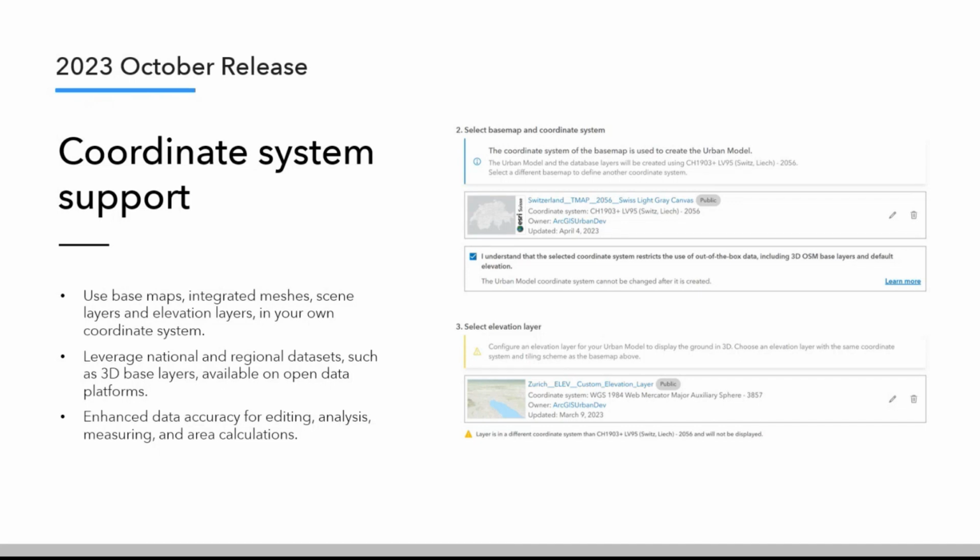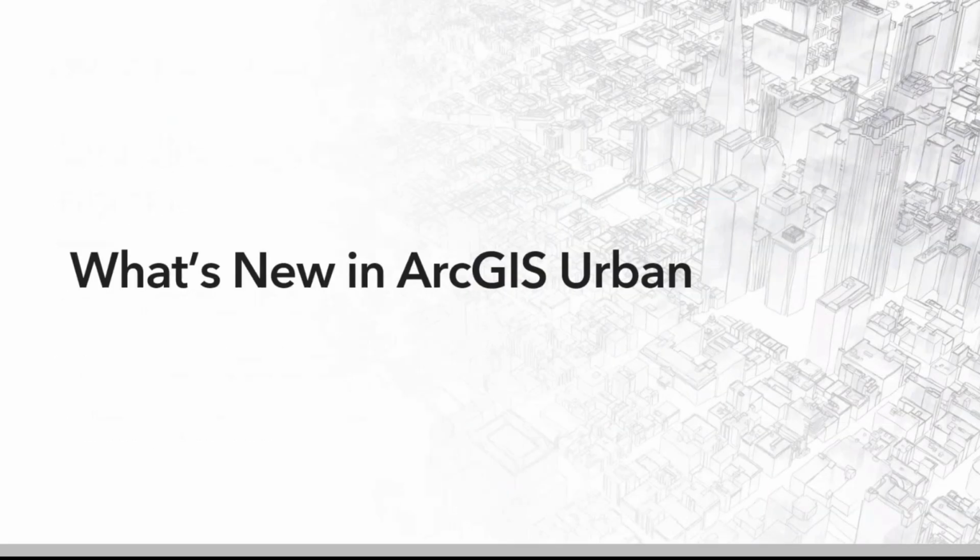We've also added hopefully useful information in the UI that will tell you what's going to happen with your urban model here. So just a quick reminder of what has been added in October, because it's relevant also to the February release. But enough of that, let's dive into what's new in ArcGIS Urban with the February release.